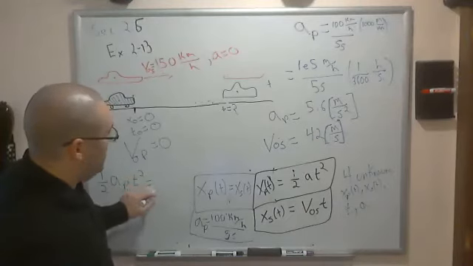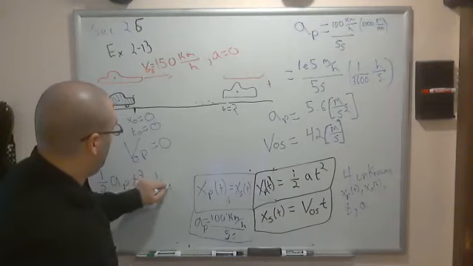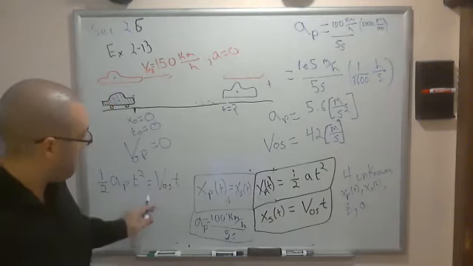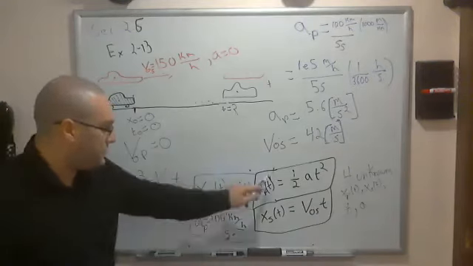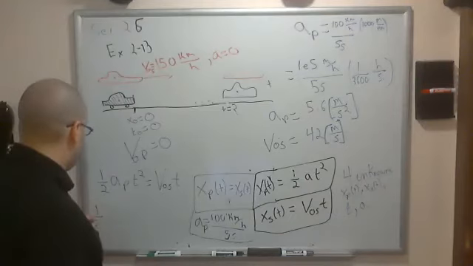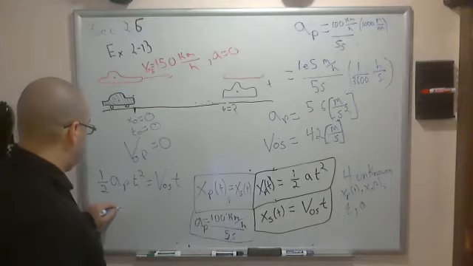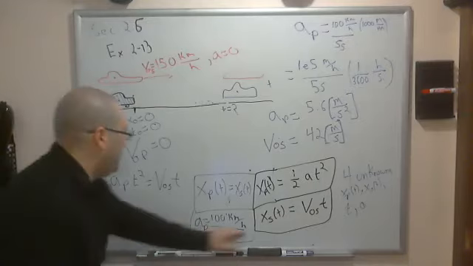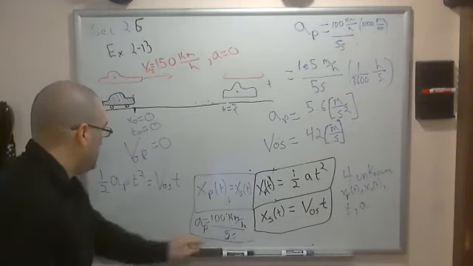And this is equal to V naught S, right? So we're using this equation and combining it with those two. Now all we have to do is plug in the numbers. Or why don't we simplify it first?